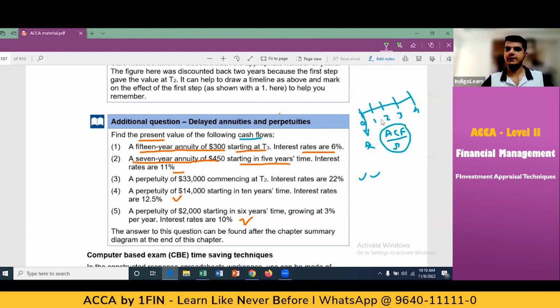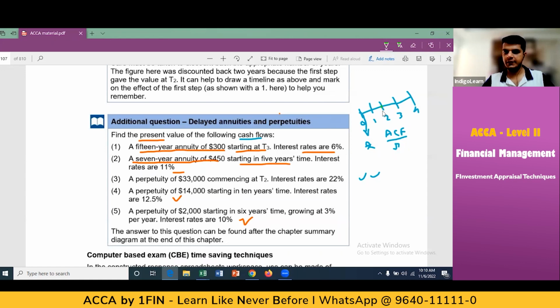Now I am changing the scenario a little bit. Suppose I am standing at year 2, or if I take exactly the question, a perpetuity of $33,000 commencing at T2.